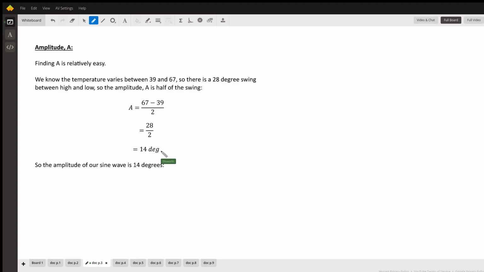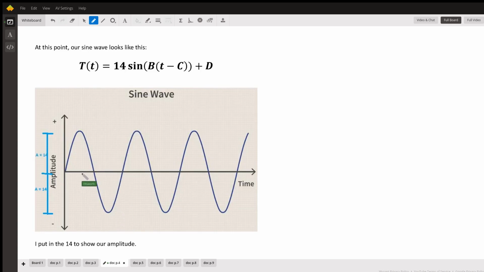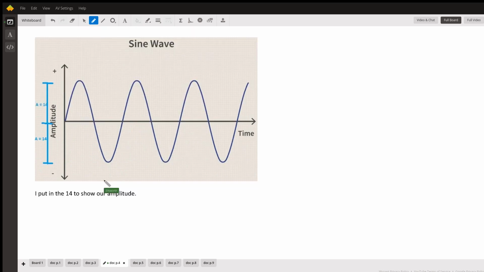Divide by 2, so it's 14 degrees. So the amplitude of our wave is 14 degrees. And here's a picture that I'll be updating as I go along here. Here's our sine wave, and we can see in that picture that the amplitude from the center line is 14 degrees.